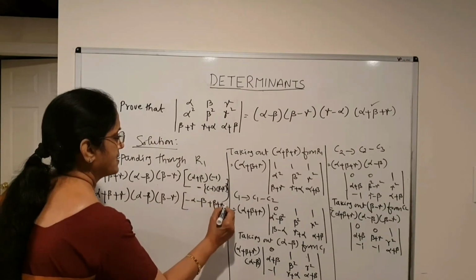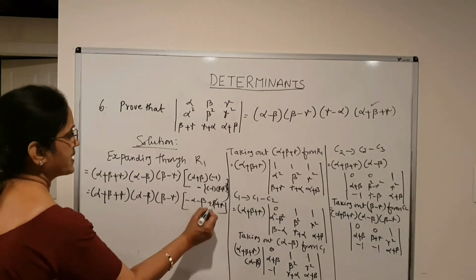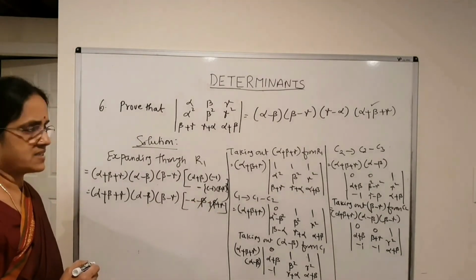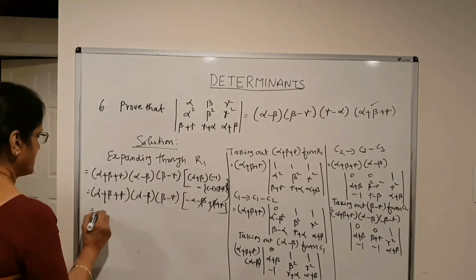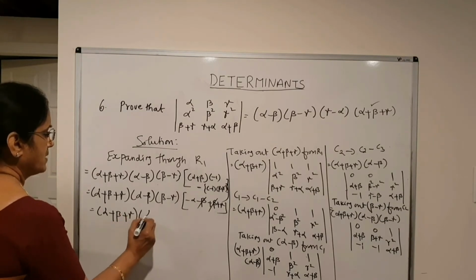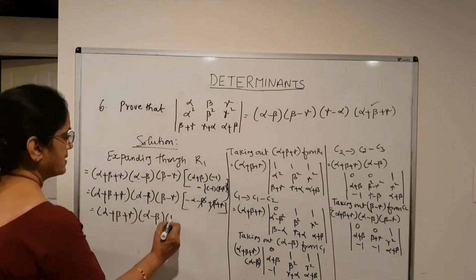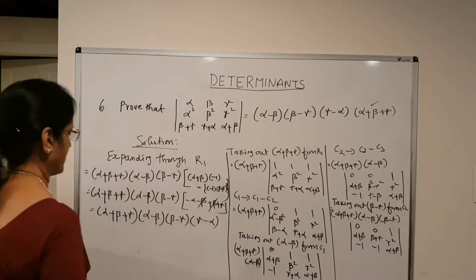Okay. So, plus beta minus beta will get cancelled. I will be having gamma minus alpha. So this is alpha plus beta plus gamma into alpha minus beta into beta minus gamma into gamma minus alpha.